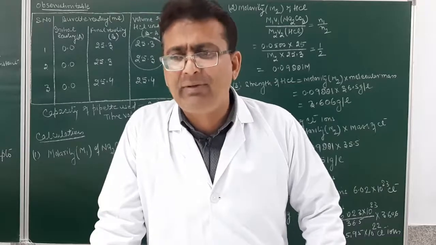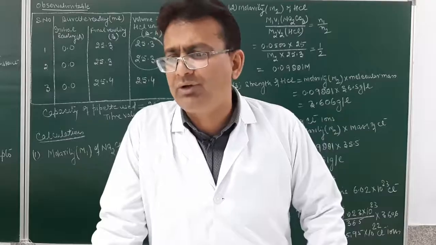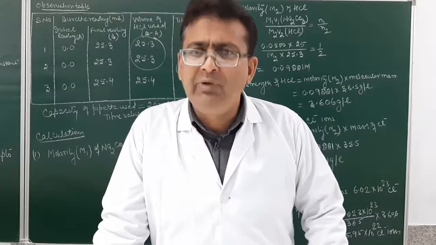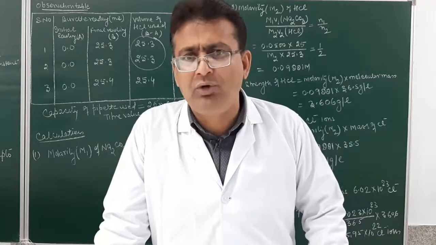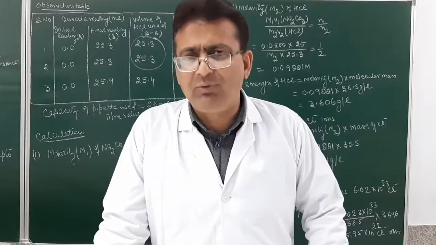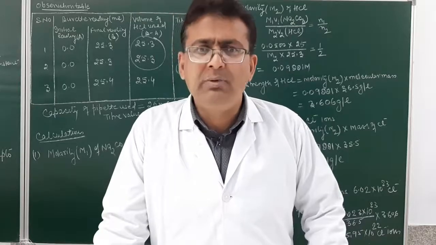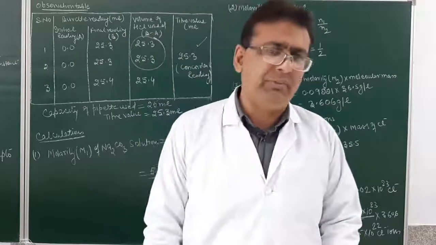In the next experiment, I will explain to you how to do those calculations. So, we will soon be discussing experiment number 2 with you with the same practical work in the next titration most probably. I think you must have understood this. That's all for experiment number 1. Thank you.